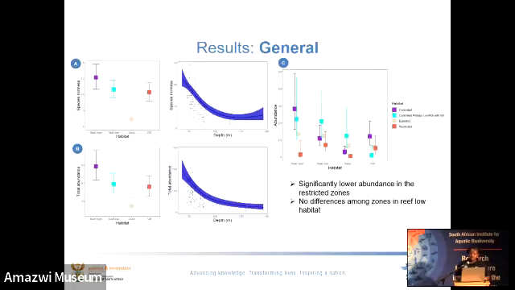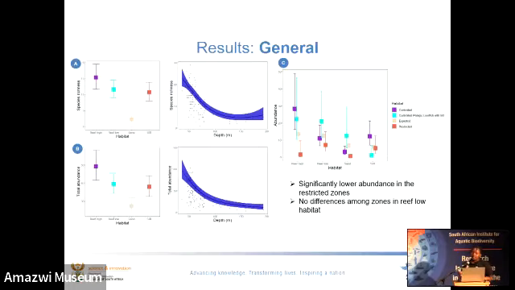Our general results show that there is no significant difference in species richness and abundance between the reef habitats, but significantly lower species richness in sand habitats.